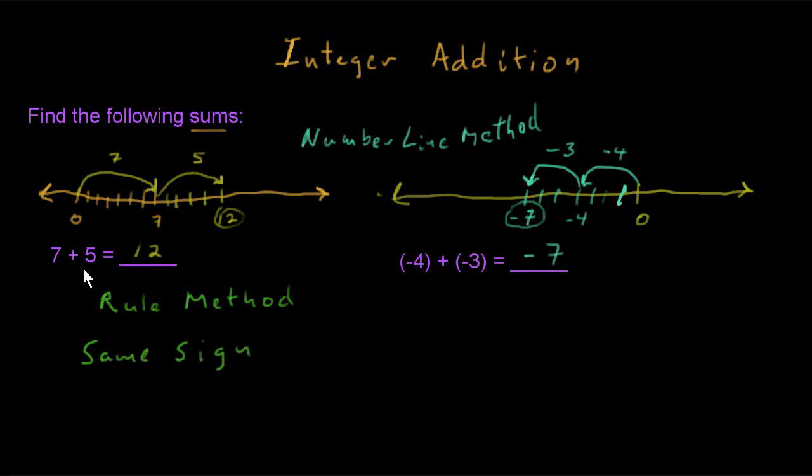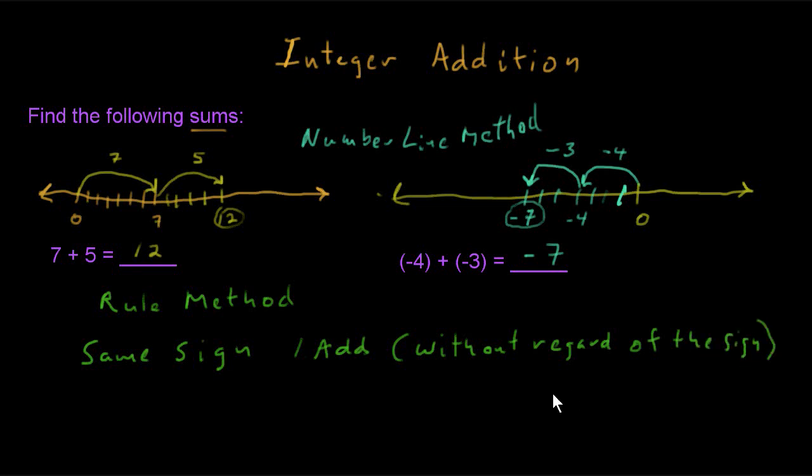In the first problem we had a positive 7 and a positive 5. They're both the same sign, both positive. And then a negative 4 and a negative 3, they're both the same sign, both negative. So what's the rule for adding these? The rule is just to go ahead and add the two numbers without any regard whatsoever for what signs they may have. Just add the two numbers together.